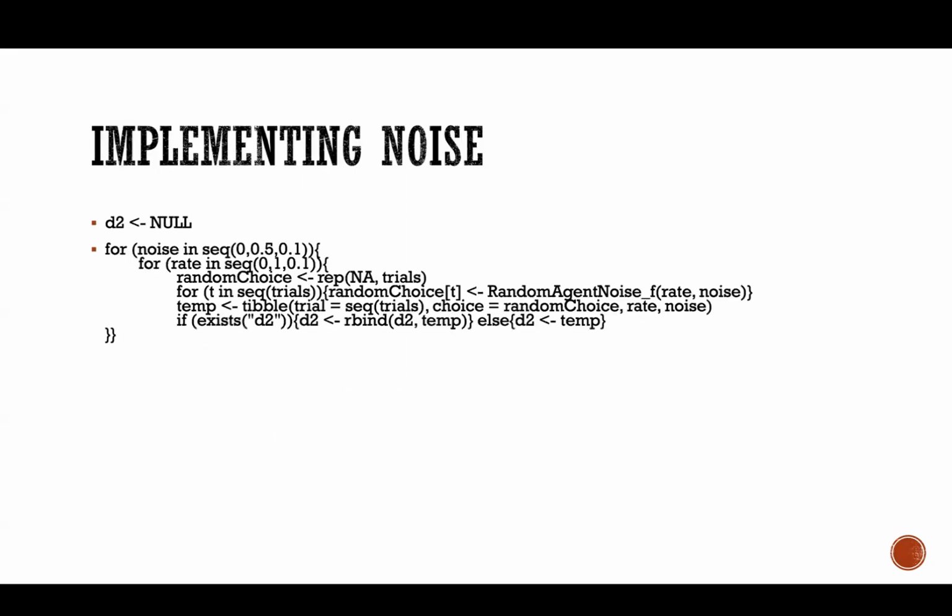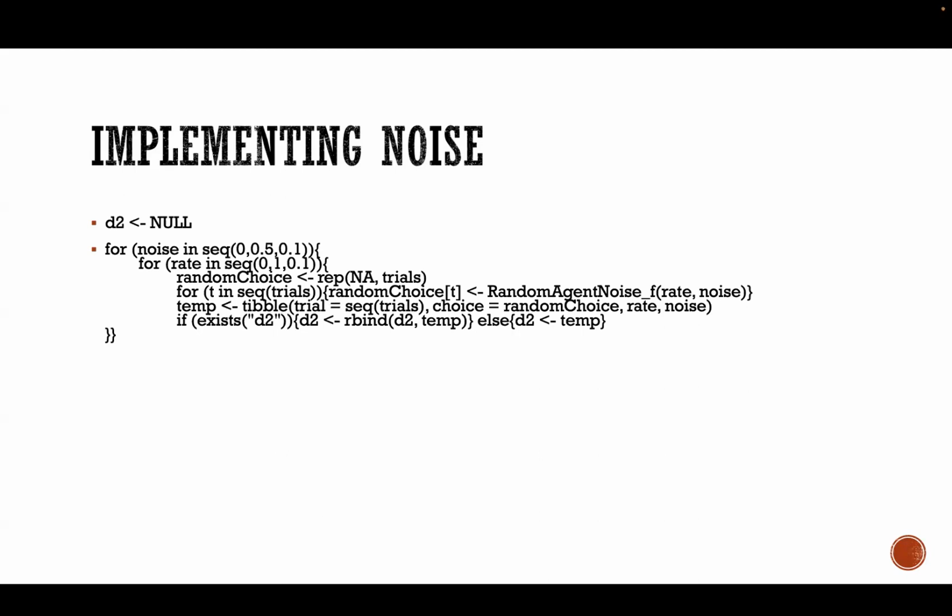So we make a data frame for a bunch of levels of noise from 0 to 0.5 in steps of 0.1, for a sequence of rates from 0 to 1 in steps of 0.1. We create a vector for the random choice. We loop through each of the trials.